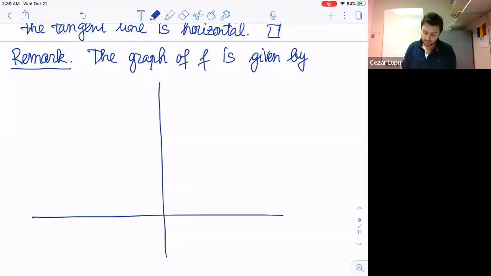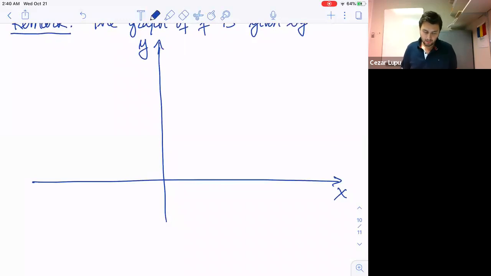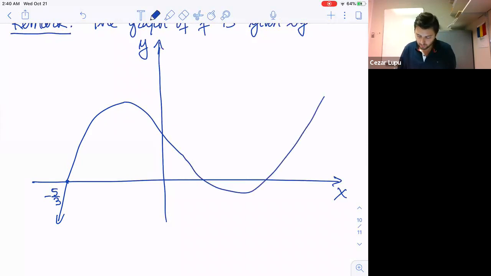So these are the axes, the x-axis, and this is the y-axis. Let's say I have this point, 5 over 3, whatever. The curve will pass through this, it will go here, through here, and it will go like this.